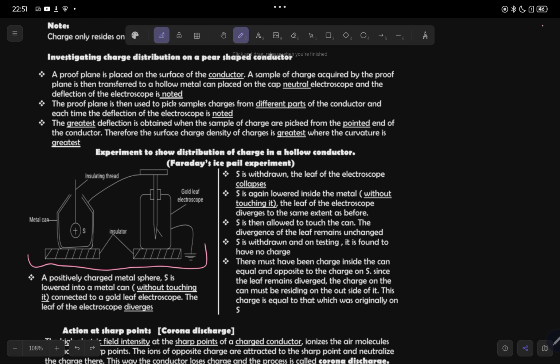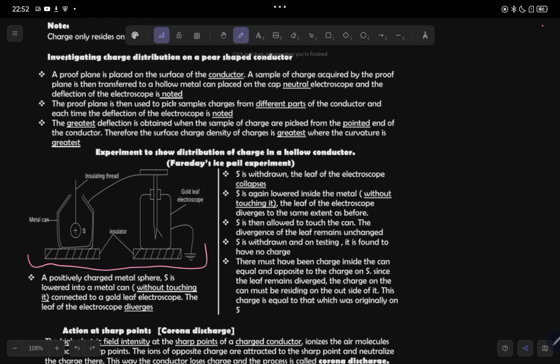Now, when S is withdrawn and tested, it is found to have no charge. So S has been discharged by the opposite charge which it had induced on the inside of the can, which was equal in magnitude but opposite to itself.